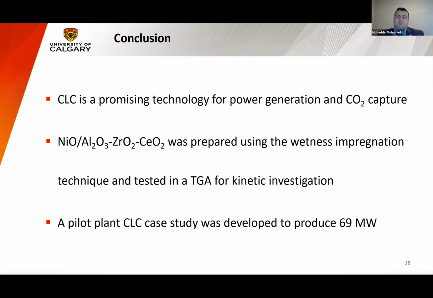The sample was tested in a TGA for kinetic investigation. And then the model that was obtained was used in a pilot CLC case study to produce 69 megawatts.